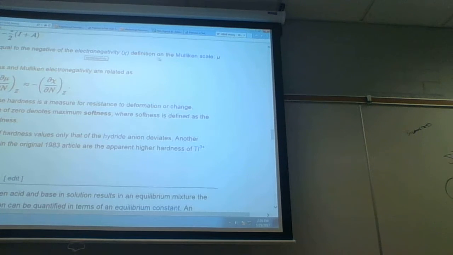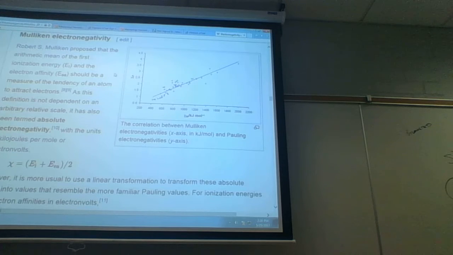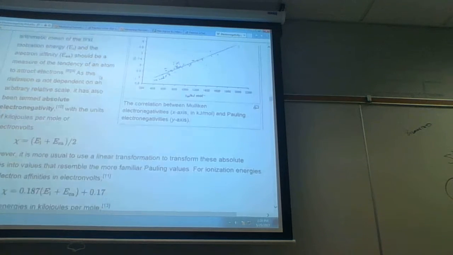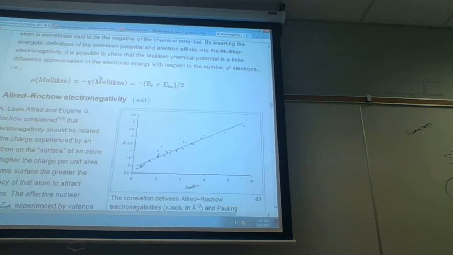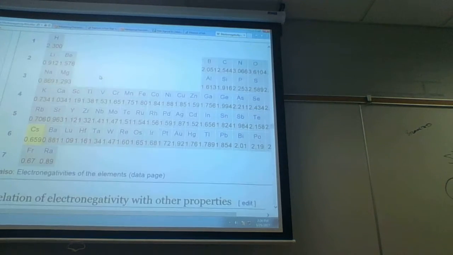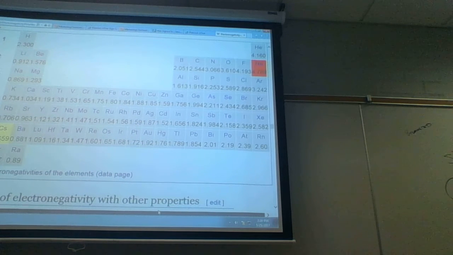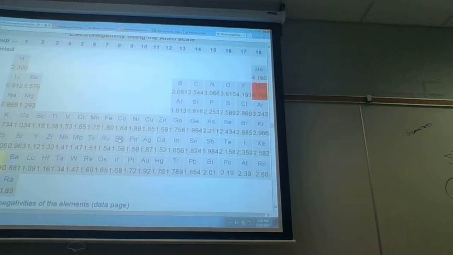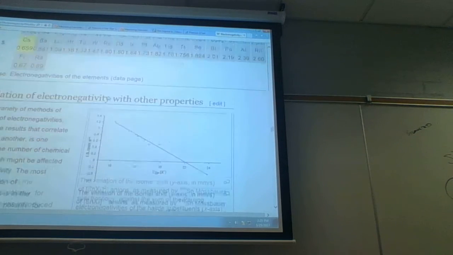Let's see if we have the Mulliken scale here. As a real table. Okay, this is still not very detailed.